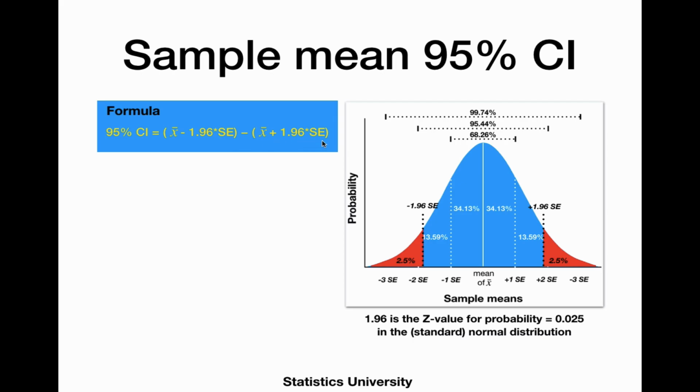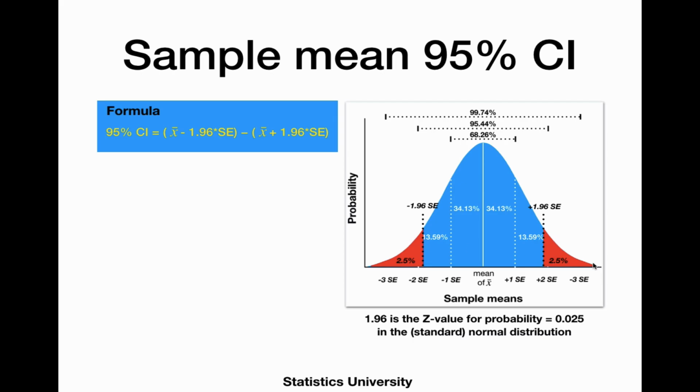Whereas the upper boundary is formed by the sample mean plus 1.96 times the standard error. And that 1.96 is the critical Z value for the probability 0.025 in the standard normal distribution. The story about the tails on the left and the right side being the 2.5% on each side.